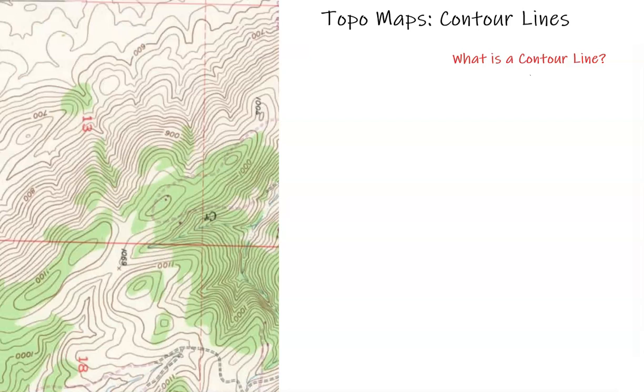So what is a contour line? A contour line, well, let's look at the word origin. It derives its name from Italian, and that word was contorno, which basically means to draw a line. And we know that con is with or together, and torno is looking at an outline or a single line.